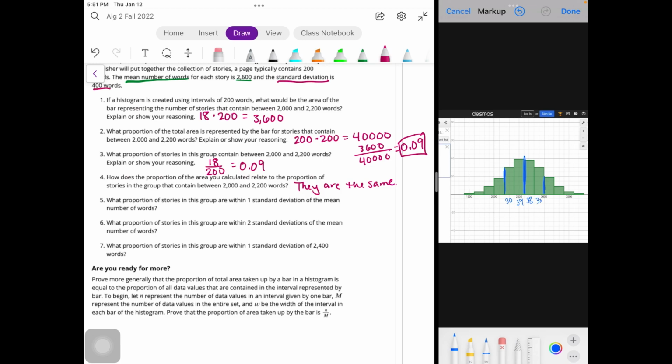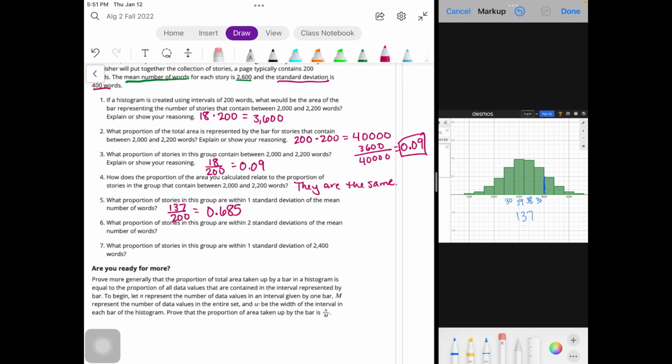And so when we add them all up, we get 137. So we have 137 out of a total of 200 stories, right? And then if we put that in the calculator, we get 0.685.